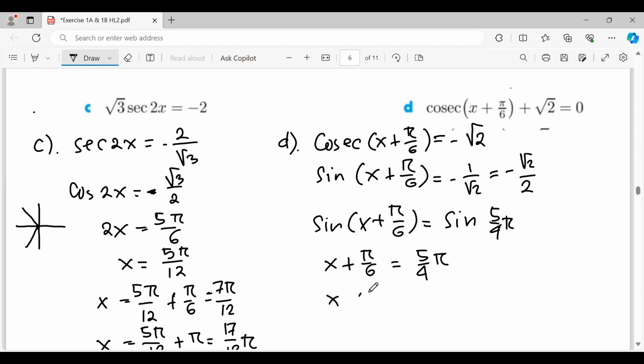So x equals 5/4 π minus π/6 equals, with denominator being 12, 3 times 5, 15, and 2 times π, 2π.